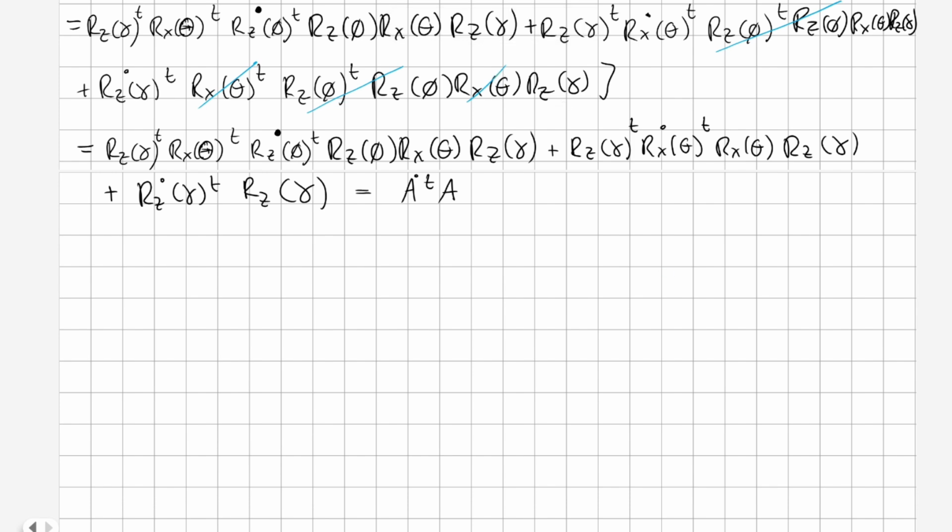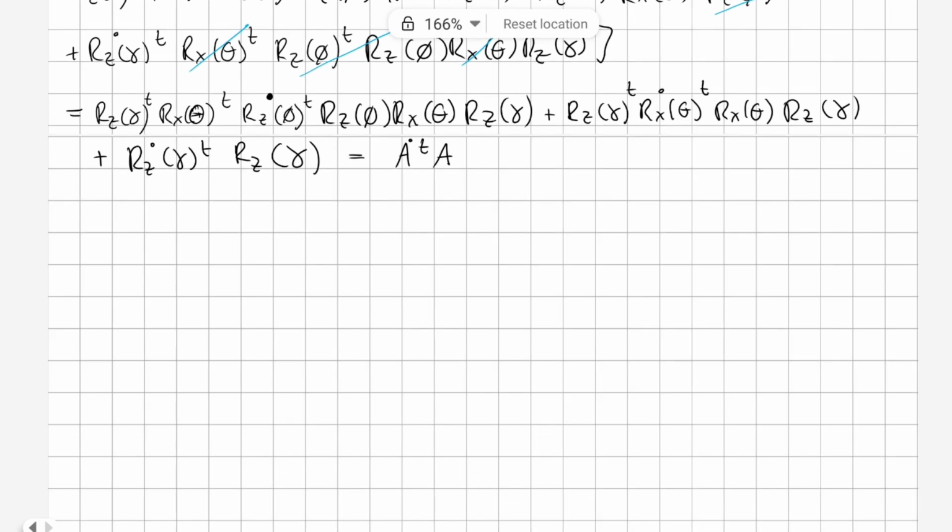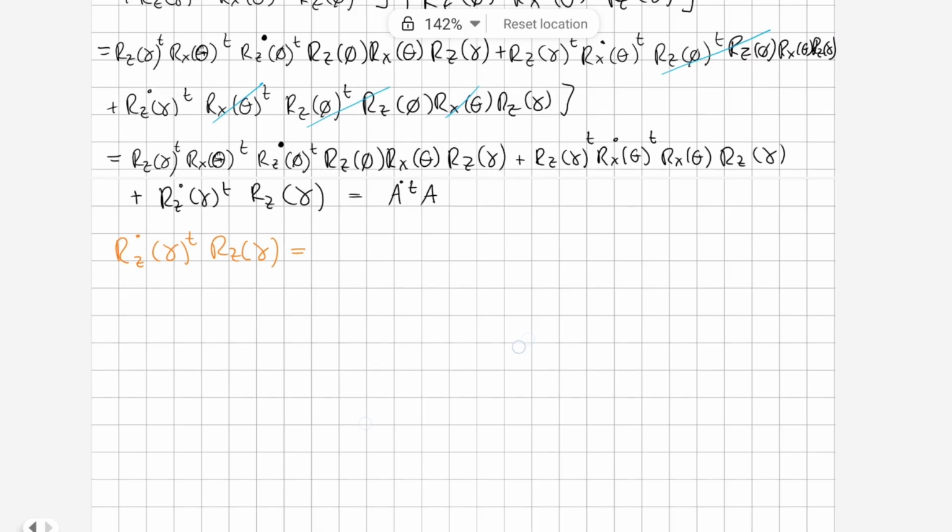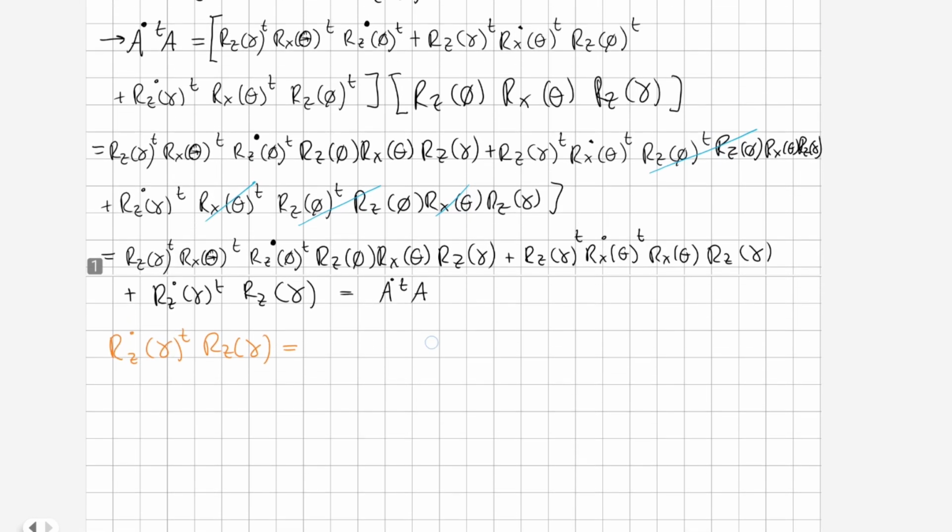So let me switch the color just to not get confused. We are going to start by calculating the product Rz dot of gamma transpose times Rz gamma. So what is this going to be?